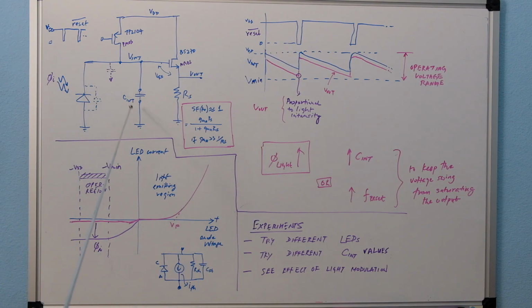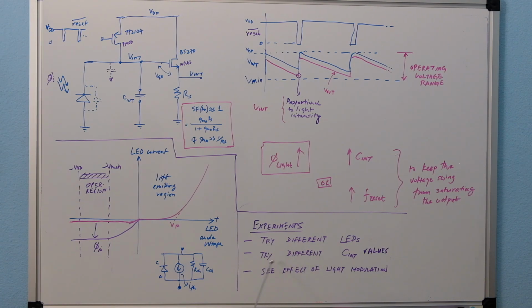You'll have to play around with the C-int. In this case I'm going to keep the frequency constant. I'm just going to play with the integration capacitor mostly. So in this experiment, what I'm going to be doing is trying different LEDs. Like I mentioned, I have 5 different LEDs: blue, green, red, one which is I think almost like a UV LED, and yellow.